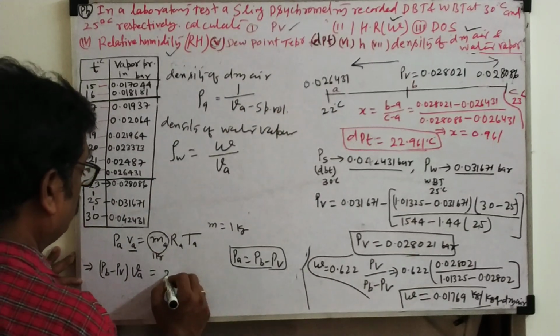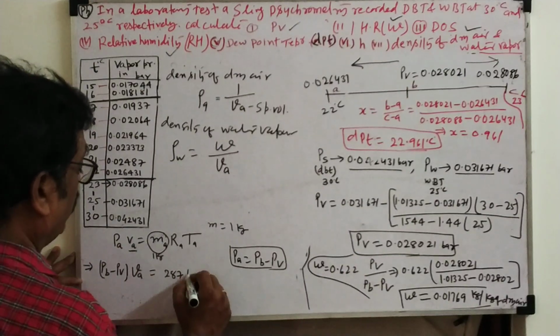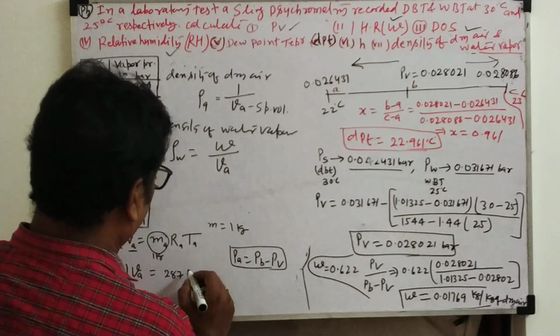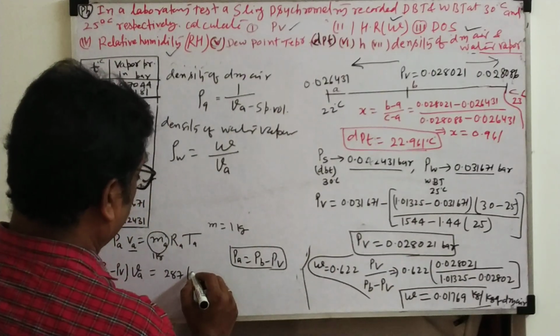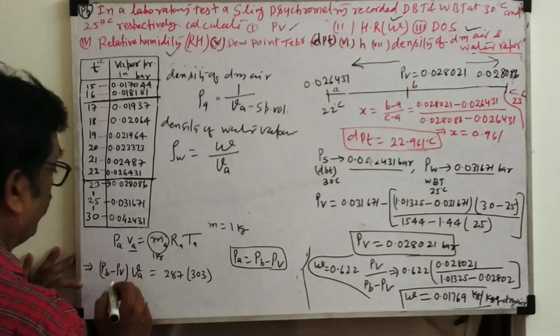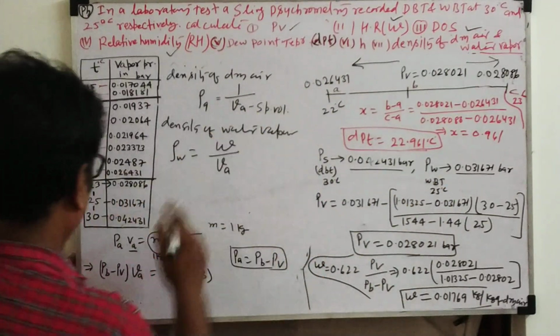The R value is 287 joule per kg Kelvin, and the temperature is 30 degrees because we take the dry bulb temperature. 30 plus 273 is 303.